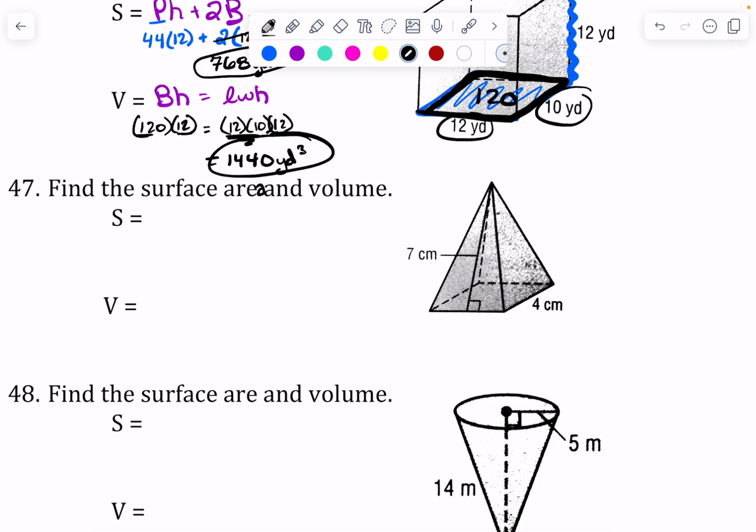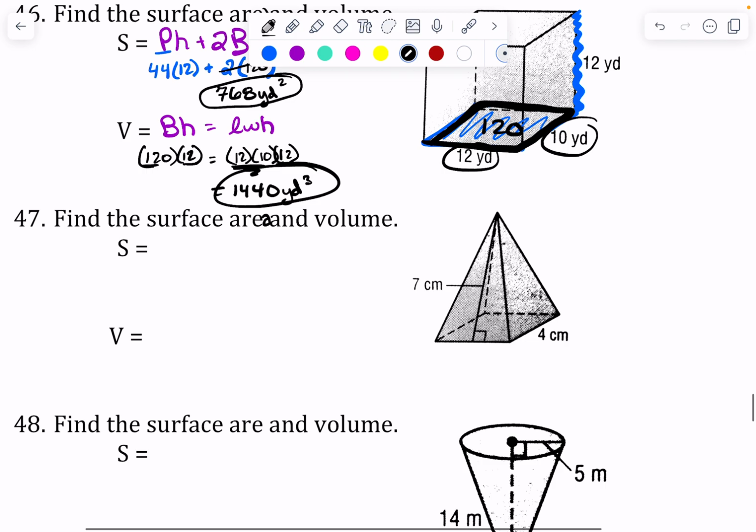This one is a pyramid, and surface area of a pyramid, I got to think here. I got to look this one up so that I can make sure I don't do this wrong. Geometry chapter, what chapter do we want to do?